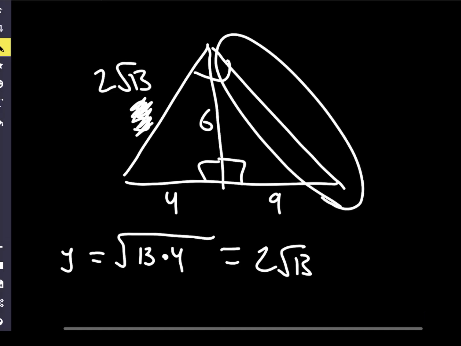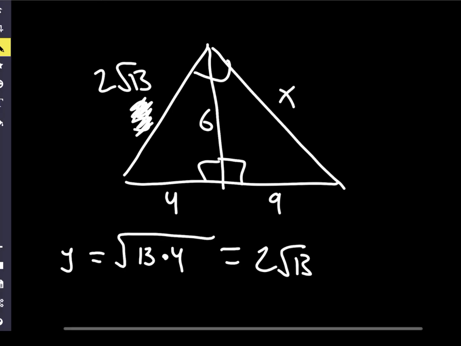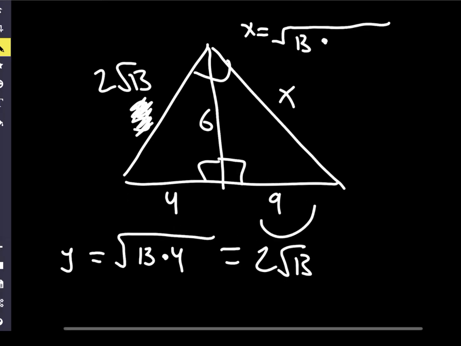The length of this side is going to be really similar. Let's call it x. X is going to be equal to the geometric mean of this whole side times the adjacent side. In this case, the adjacent side is 9. And what you're going to get is 3 radical 13.